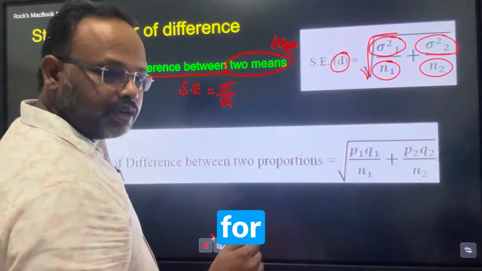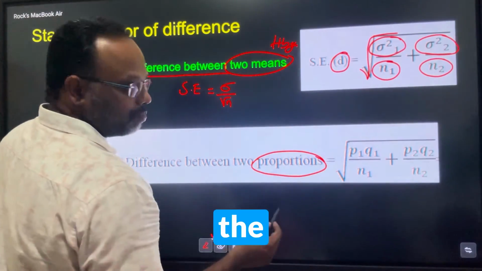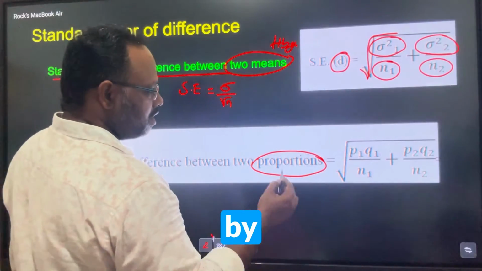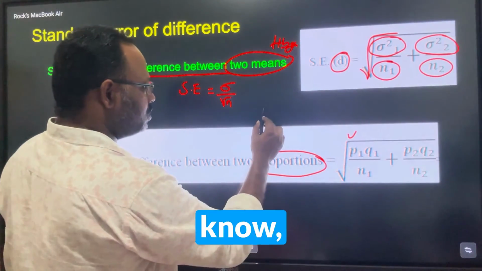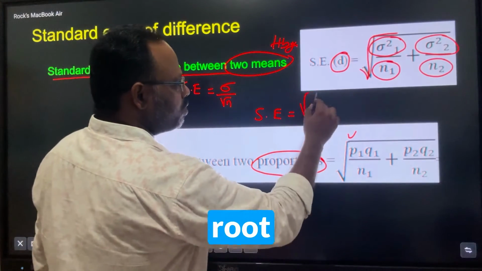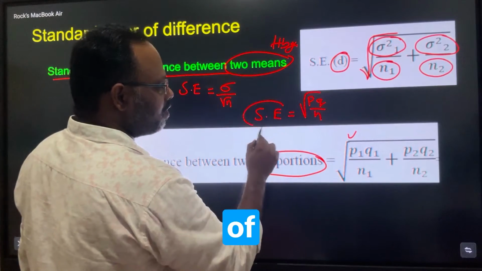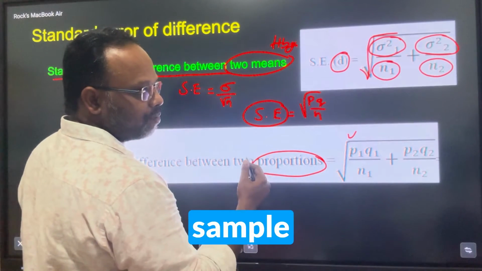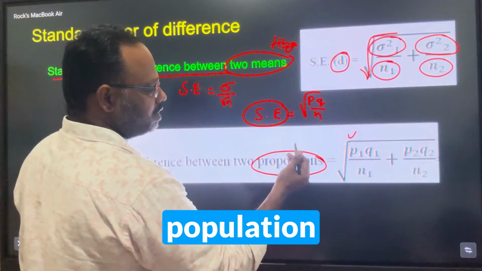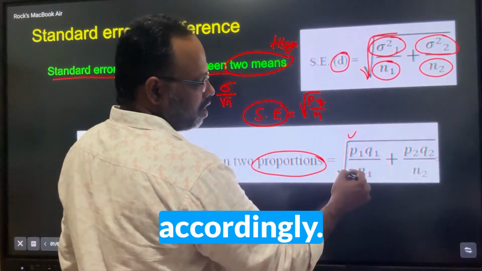Then the formula for the standard error of difference between two proportions, the percentage, is given by this formula. As we all know, the standard error of a proportion is given by the formula root of PQ by N. This is the standard error of proportion between the sample and the study population. Here between two proportions, we have to modify the formula accordingly.